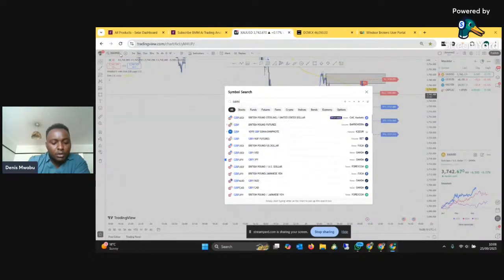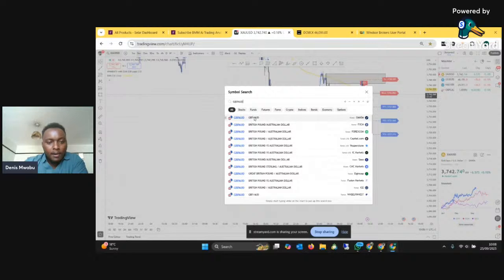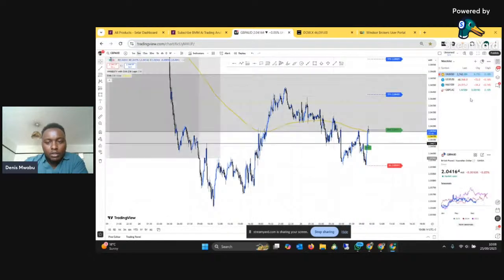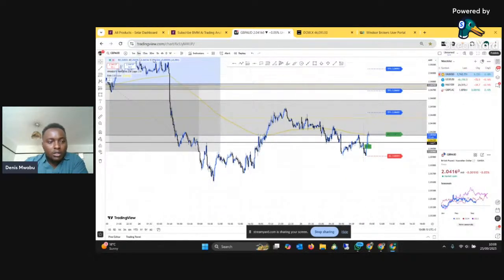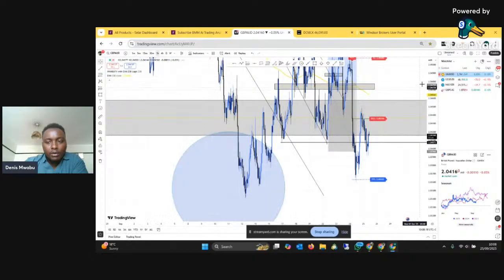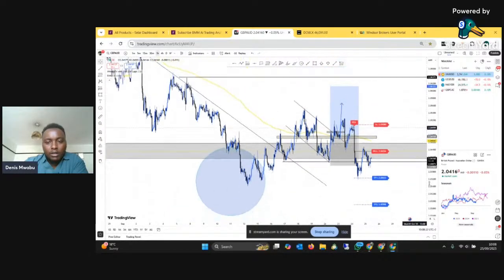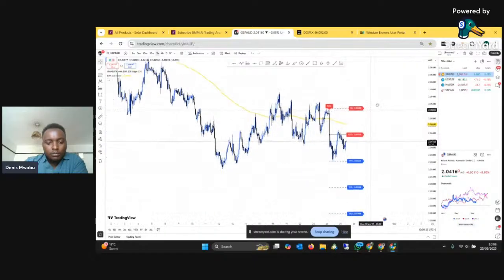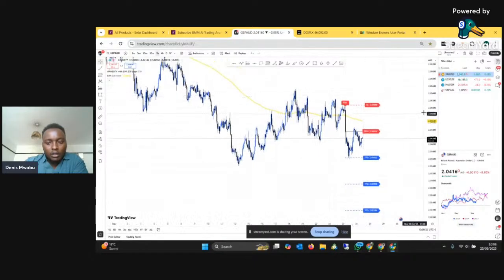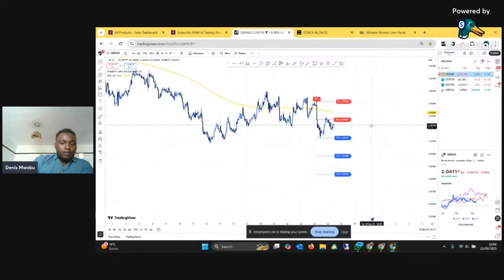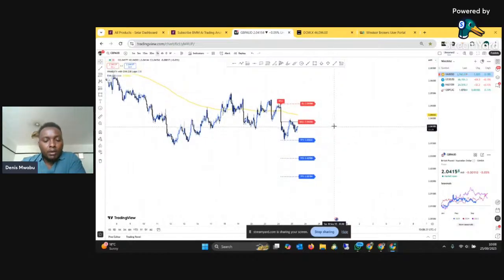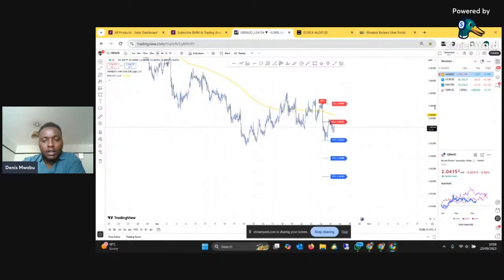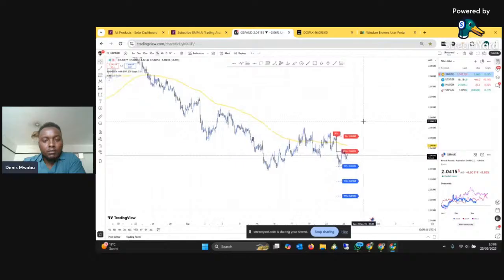So if I come here on GBP AUD, I want to take a look at the 1 hour time frame. I don't think this will be a buy, because you can see our BMM is actually giving us a sell.